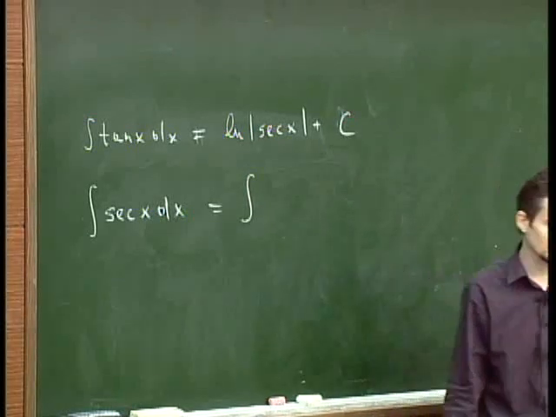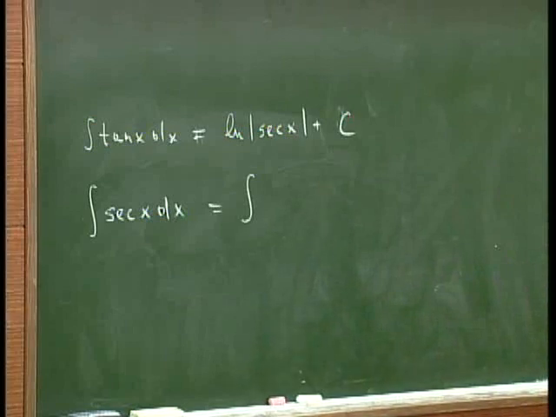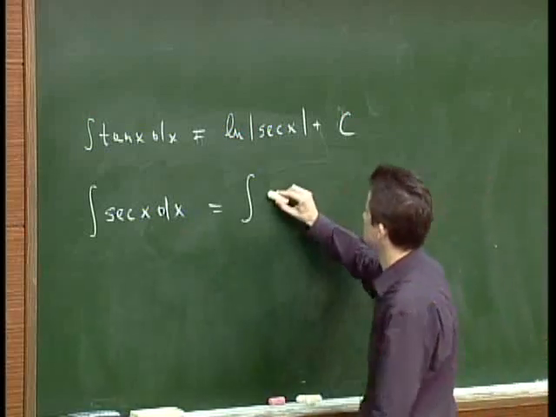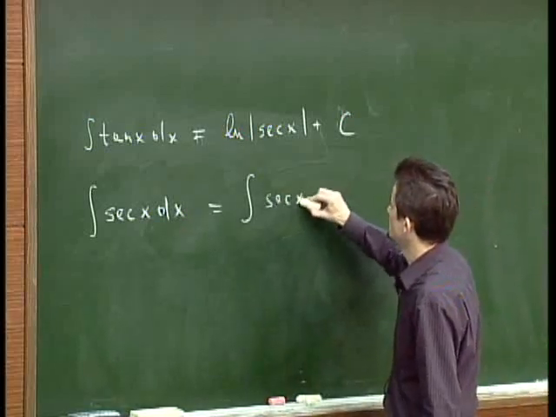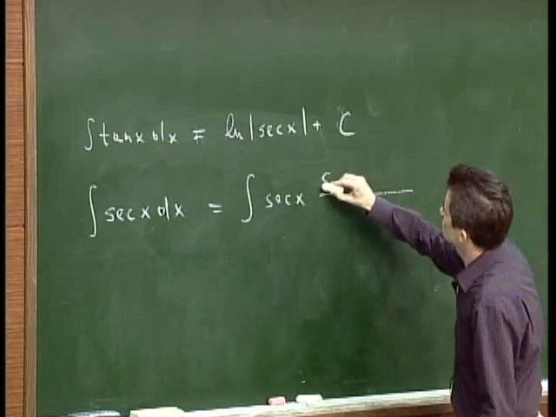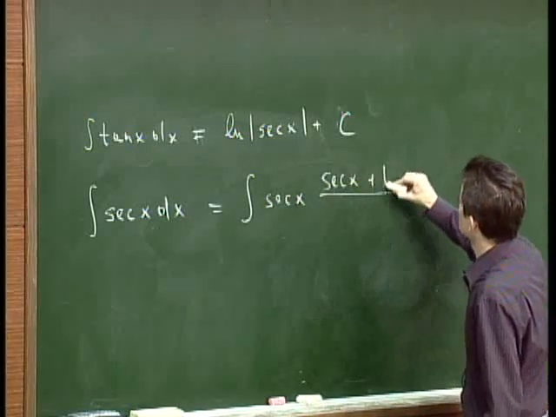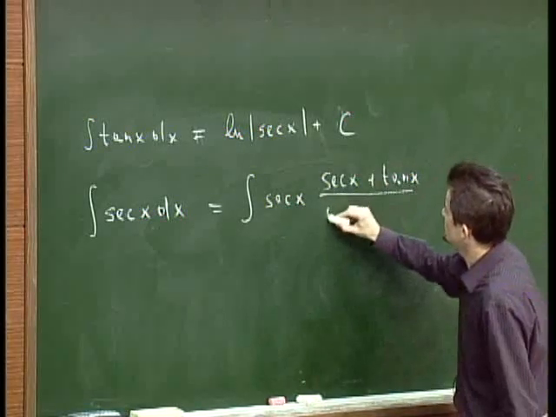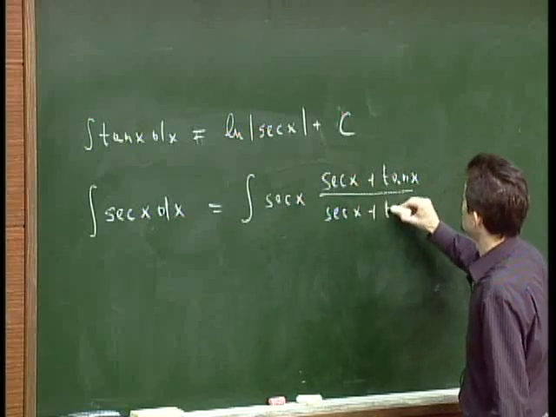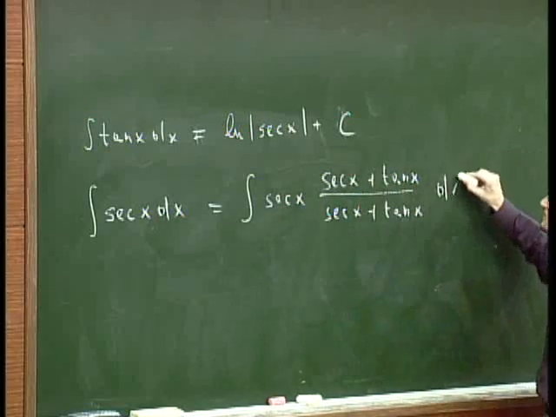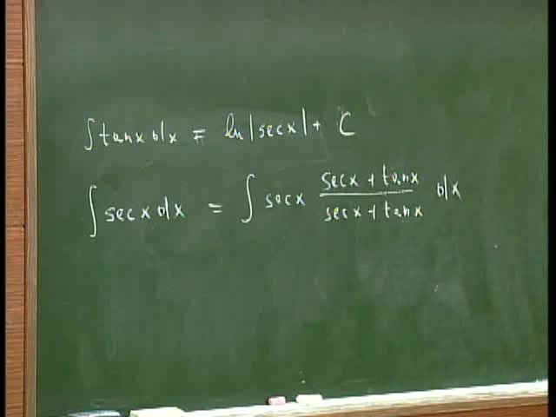Normally, what you're going to do is use the relations between trigonometric functions. So, for instance, in this case, an easy idea is that you multiply everything with secant of x plus tangent of x over secant of x plus tangent of x. Okay, so you need to have an idea. For instance, here the idea is doing this.